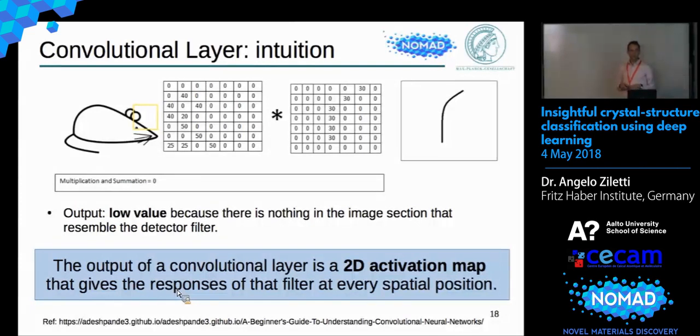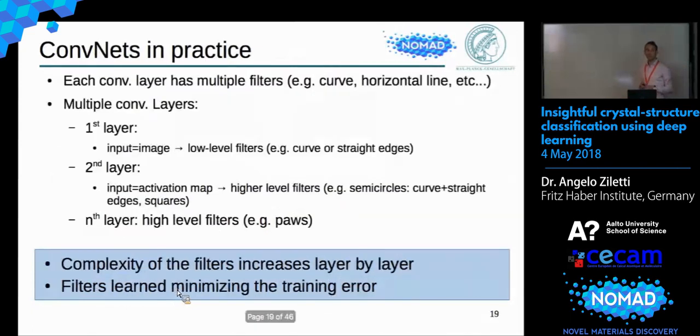So the output of a convolutional layer is simply a 2D activation map that gives the response of that filter to its spatial position in the image. That's all. And then, of course, in practice you have more filters because you want to learn different types of, let's say, edges or curves and so on.